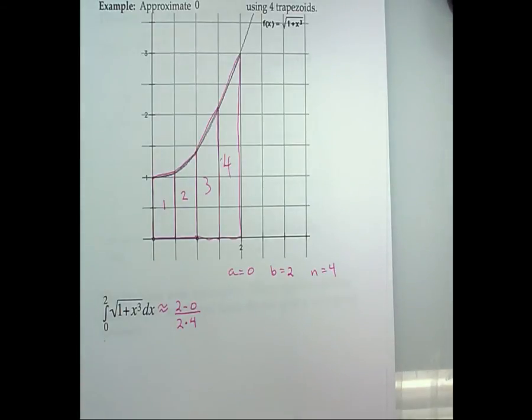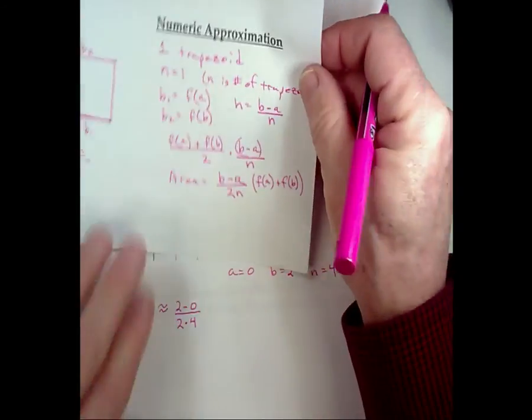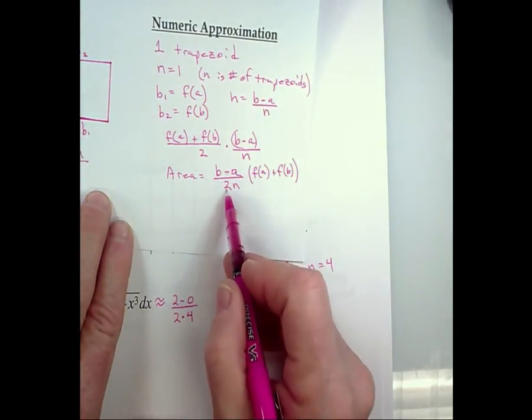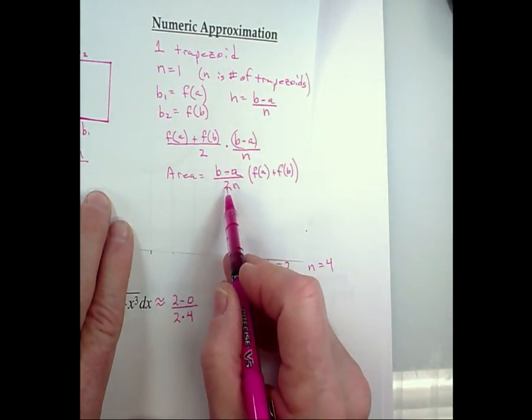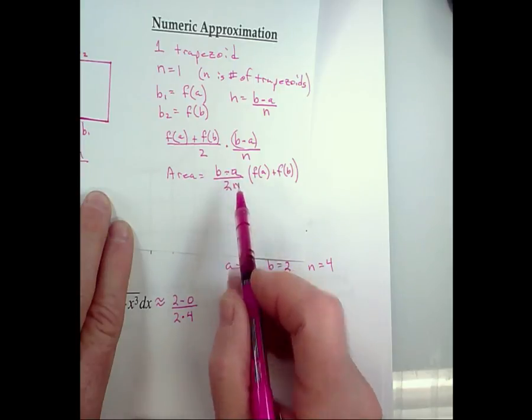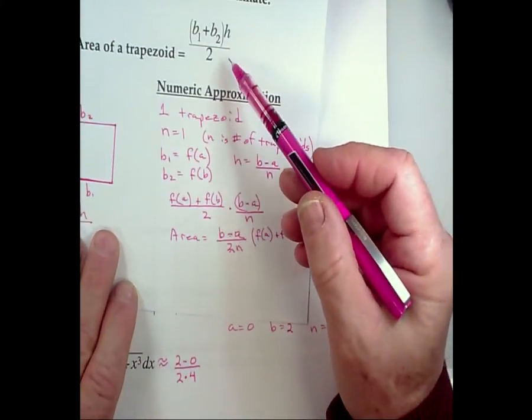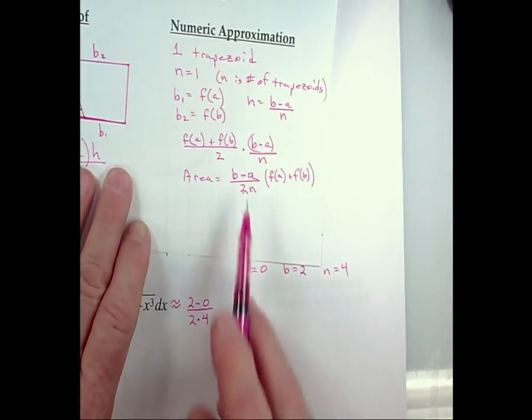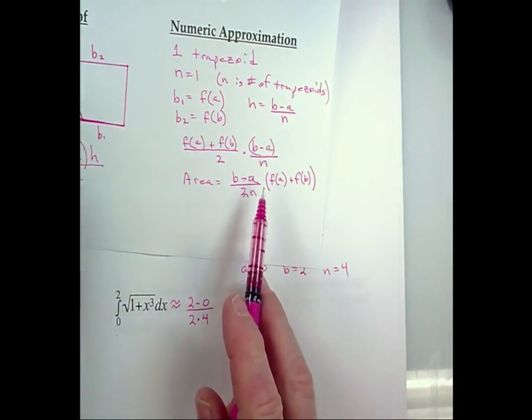And so where did I get that? I got it from the front page: 2 minus 0 over 2N. Remember, this 2 comes from the formula for area of a trapezoid, right? Divide by 2. Everybody okay with that? All right.